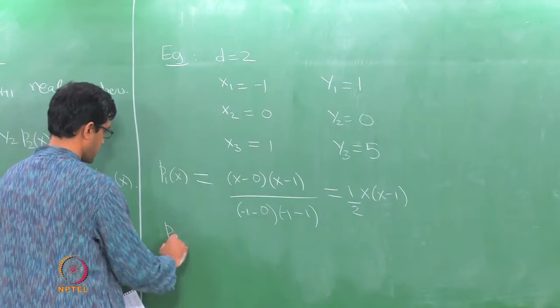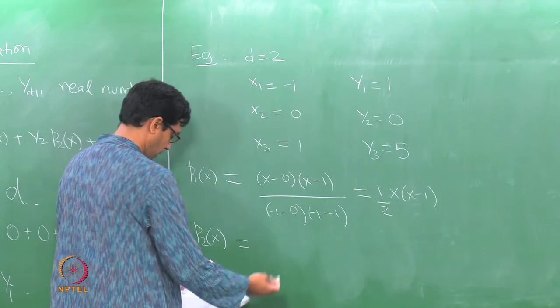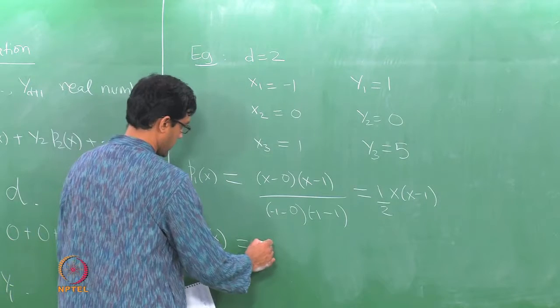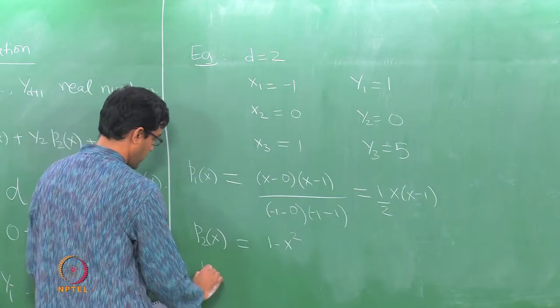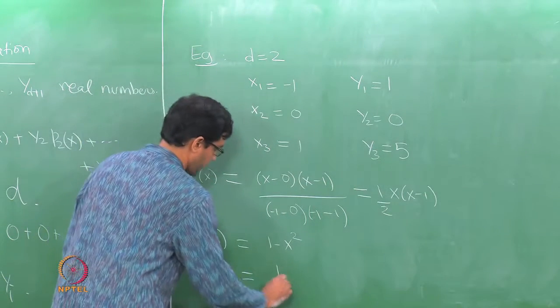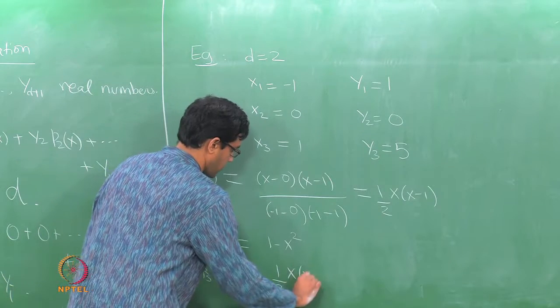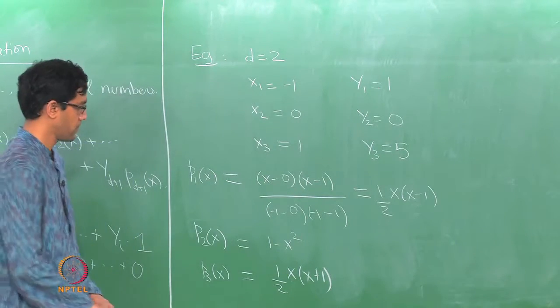Similarly for p2 of x, you do the same thing again. Let me just write down the answer. It is 1 minus x squared. p3 of x, similarly, turns out to be half x into x plus 1. Okay, in order to do this, all I have done is just plug into my formula right there.